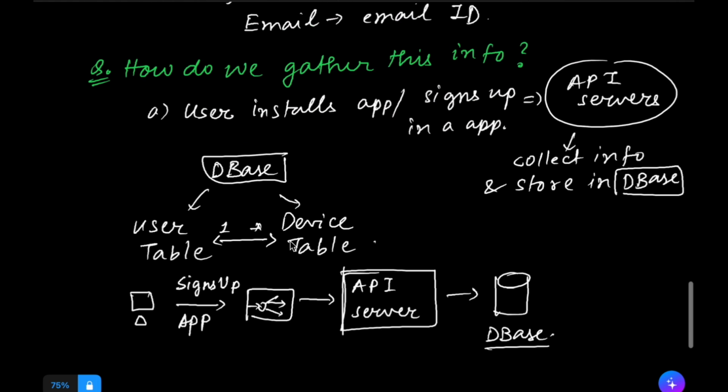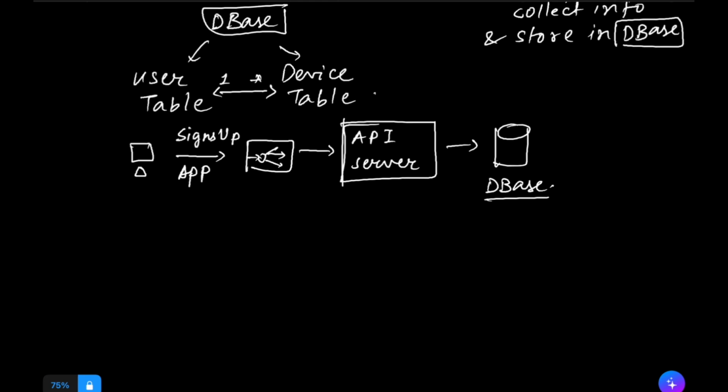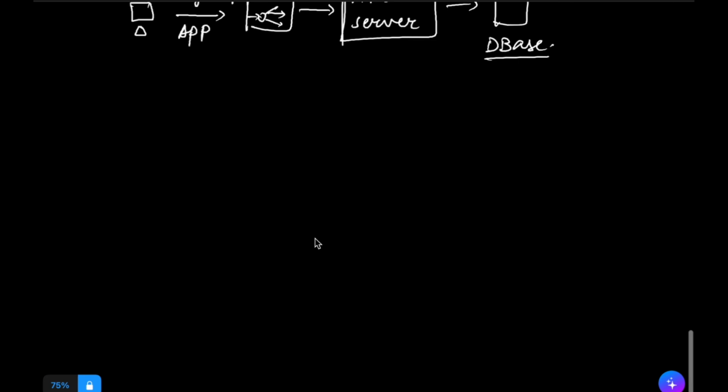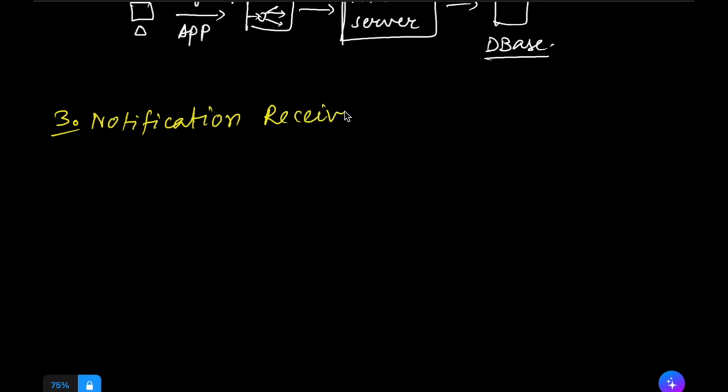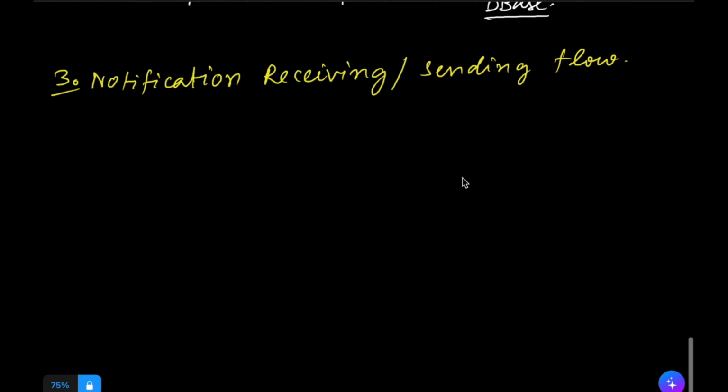Now let's look into the third and final section, which is our notification receiving and sending flow. We'll understand this with the help of a flow diagram.